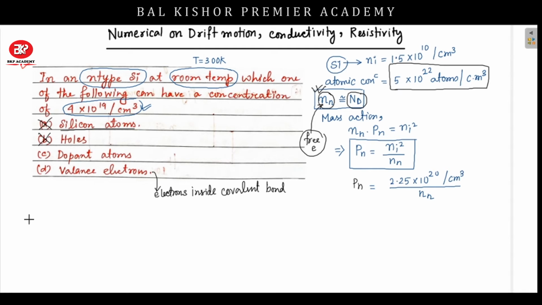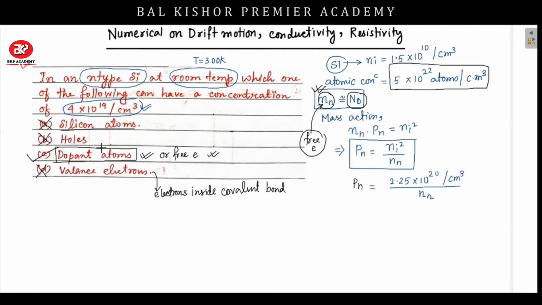So the valence electron cannot be the right option. The right option will be the dopant atoms, that means the free electrons inside the n-type semiconductor. So in this numerical, the concentration of 4 into 10 to the power 19 per centimeter cube is only possible for the dopant atoms or the free electrons. So this will be the right answer, option C.